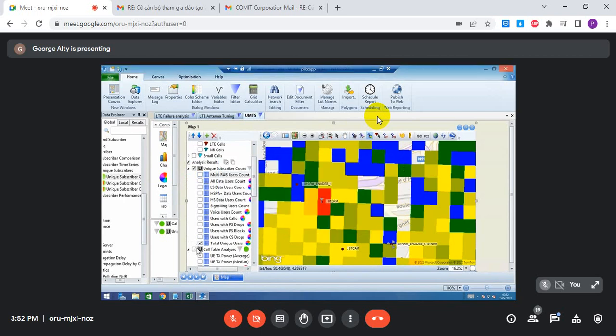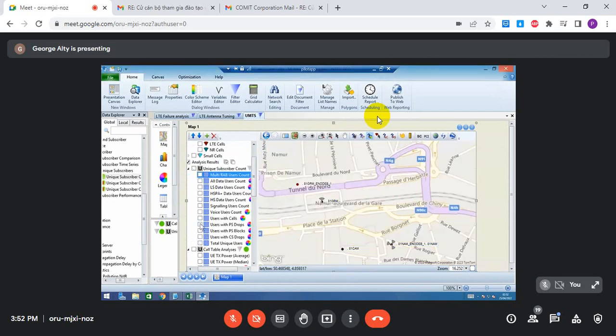Okay, so I can look at the PS drops. These are the 50-meter squares where people are experiencing PS drops. And like I said earlier, with the number of data connections that you're setting up, that's more likely to be visible to you than it is to a user. But you can clearly see here for circuit switch, we didn't have many.